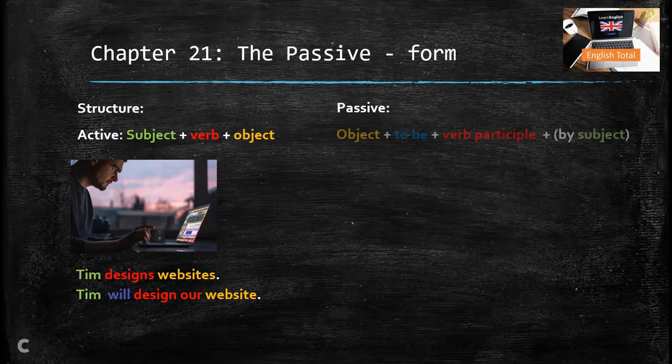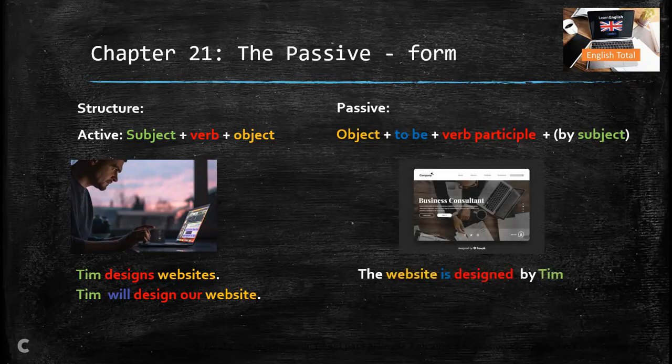This is the structure for a passive sentence. First, there's the object, followed by the verb to be, and the verb in participle form. Notice that, if necessary, you can add the subject or the agent using the word by. Here are two examples.